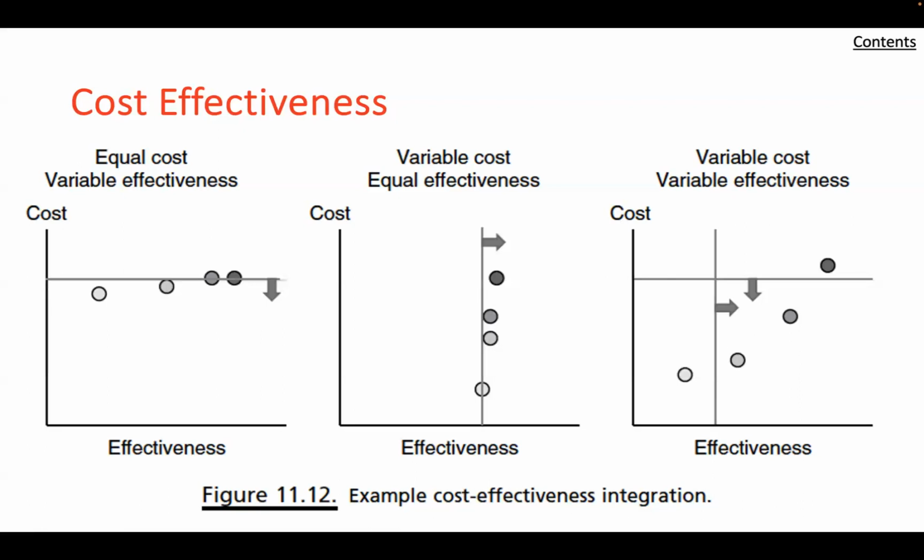You could also do an equal cost, variable effectiveness analysis. This type constrains the alternatives to a single cost level or a maximum cost threshold. If all the alternatives are constrained to similar or the same cost, then the results offer an observable difference in effectiveness, enabling a simple rank of alternatives.